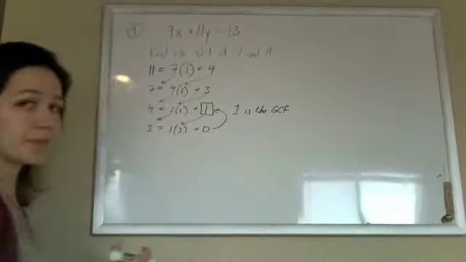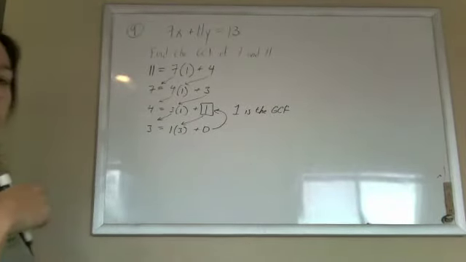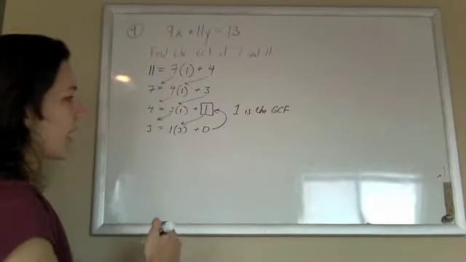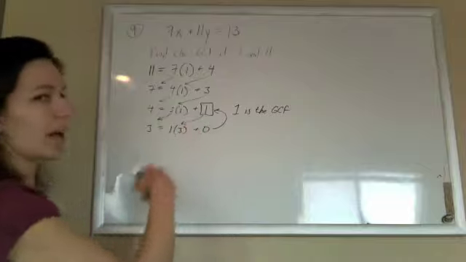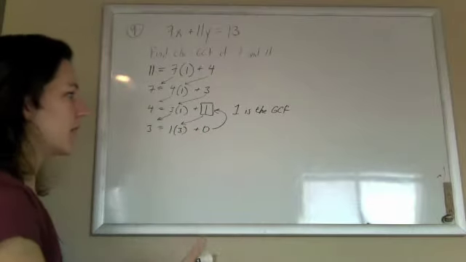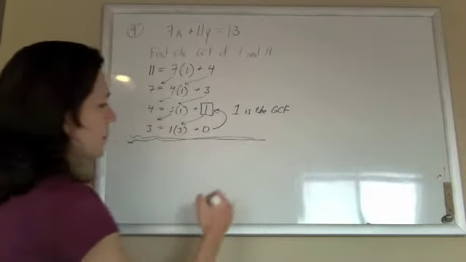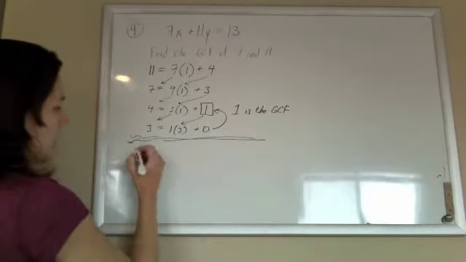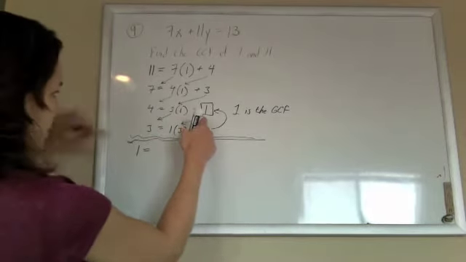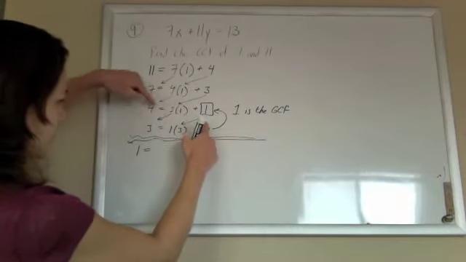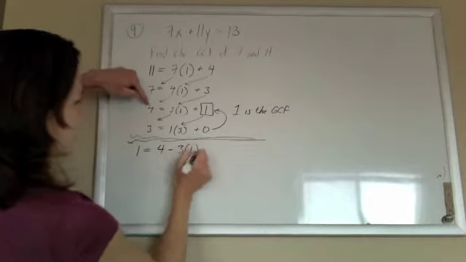of 7 and 11. So here's where we start to do the backwards thing. And I want to write 1 as a linear combination of 7 and 11. So I'm just going to run this thing backwards. I'm going to say that 1 equals, and I'm going to shove this stuff over, 4 minus 3 times 1.